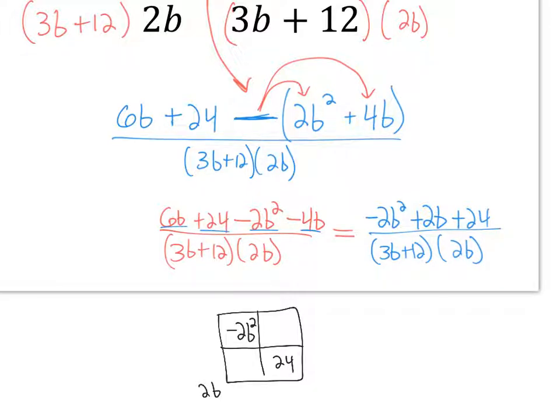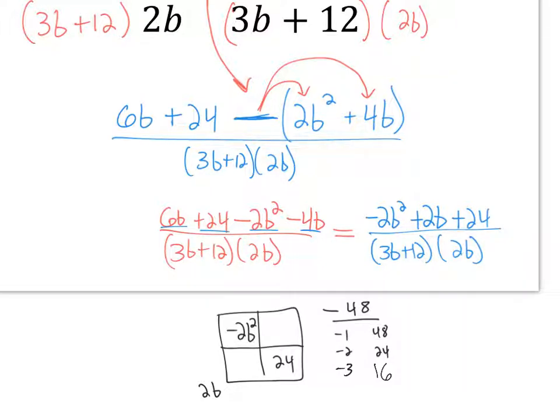What two things multiply to negative 48 and add to 2b? So I'm going to try negative 1 and 48. No. Negative 2 and 24. No. Try negative 3 and 16.